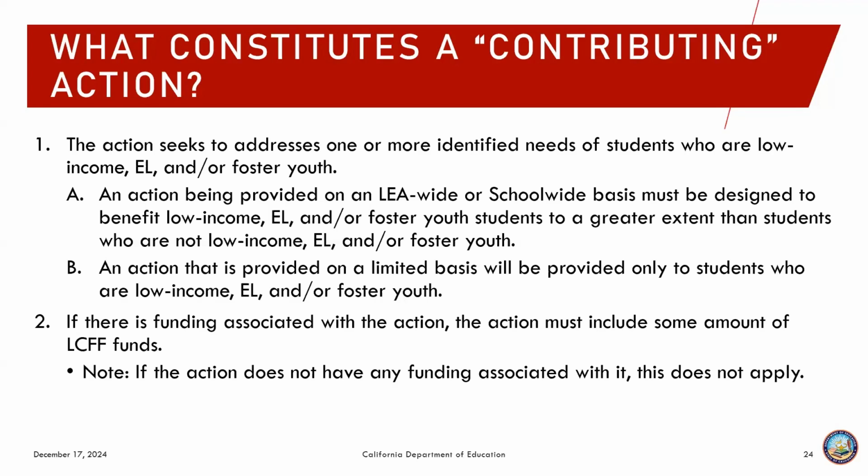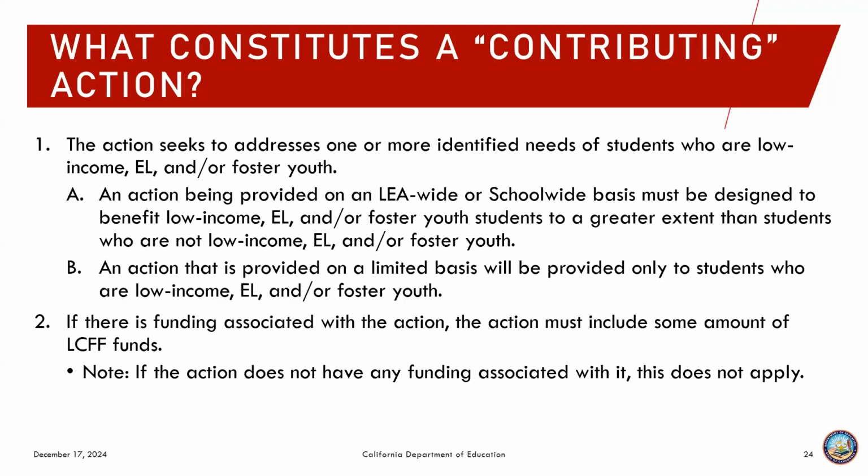Now, the LEA can choose to split fund the action. The LEA can identify an action as contributing and then have some of the funding from the action come from LCFF and some of it come from federal funds.